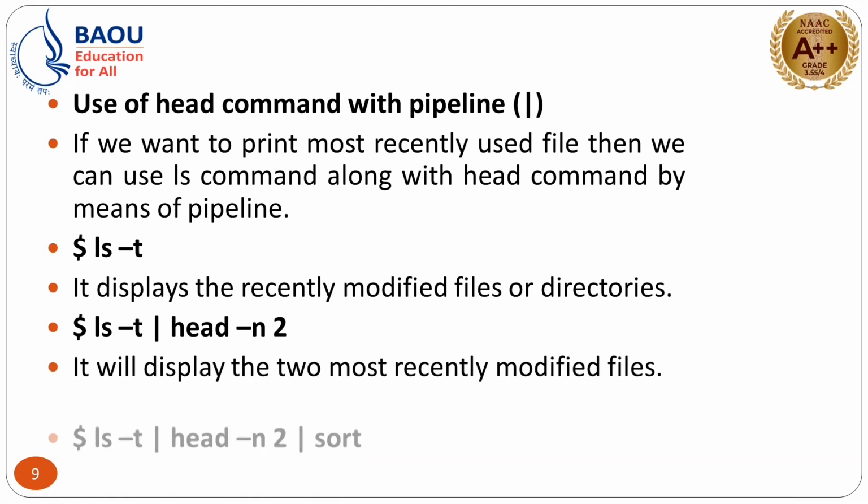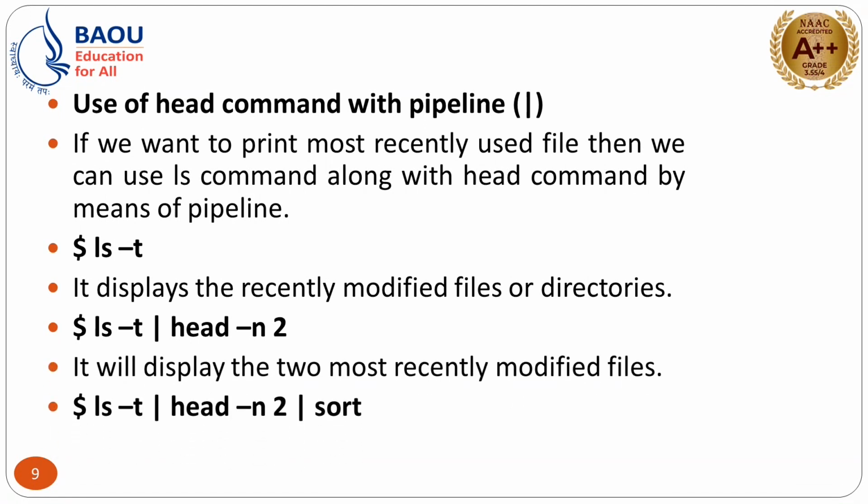Then another example of multiple commands: if you want to sort the listed files in alphabetical order, in that case you can use the sort command also. Similarly, just like head, another command is the tail command. In the head command, the contents or line numbers are displayed from the top.